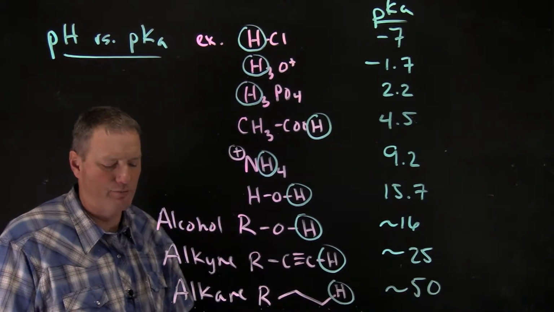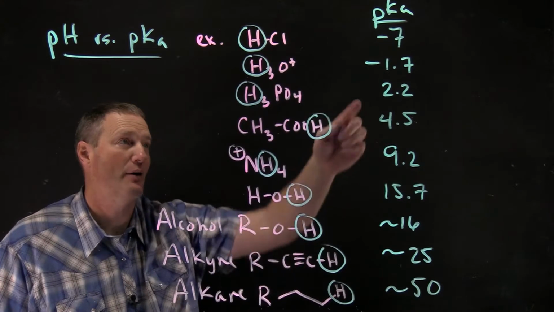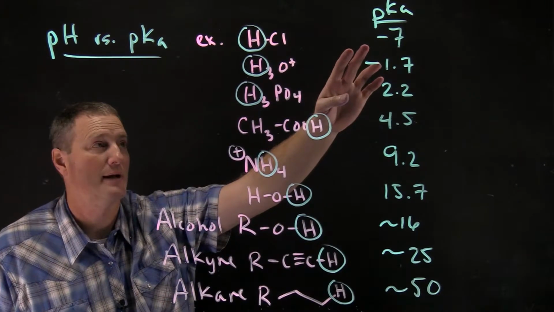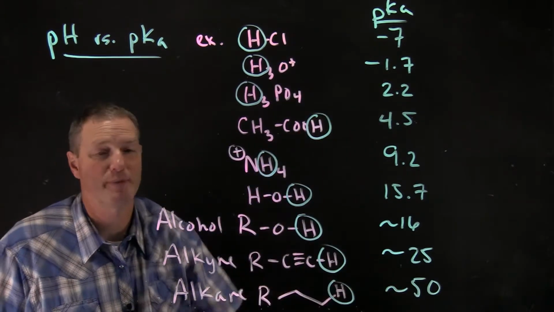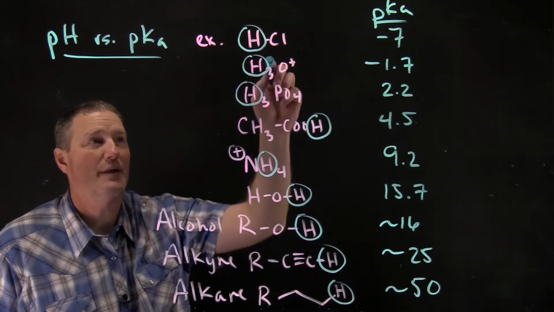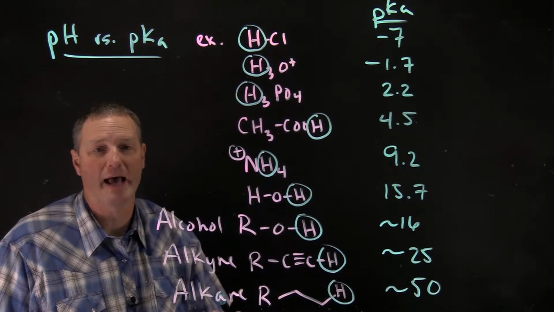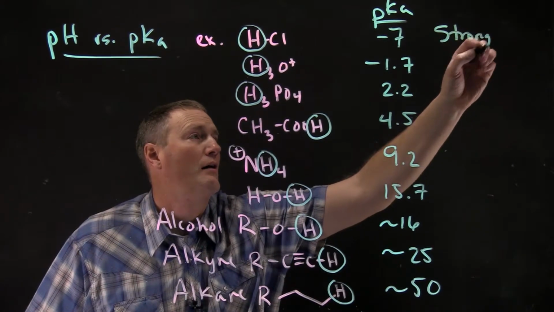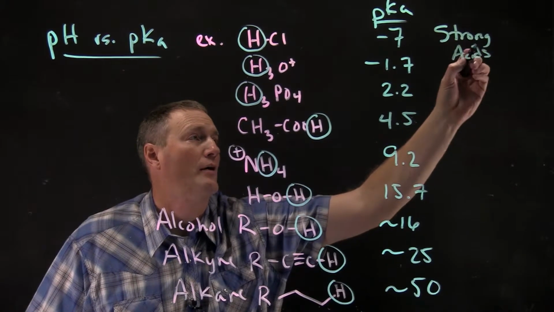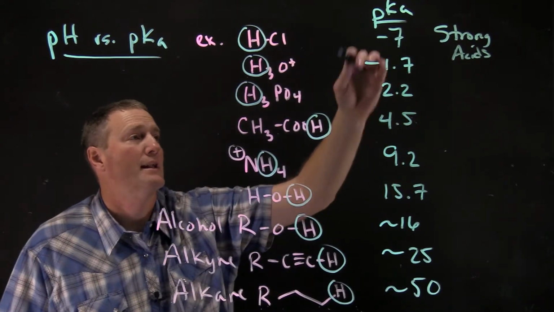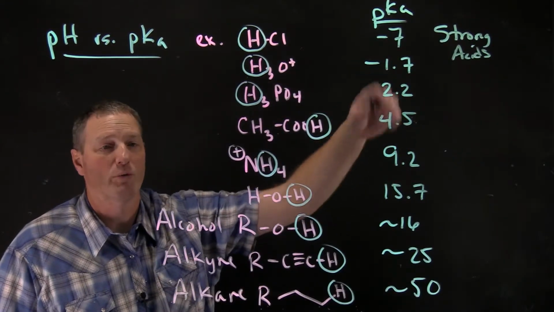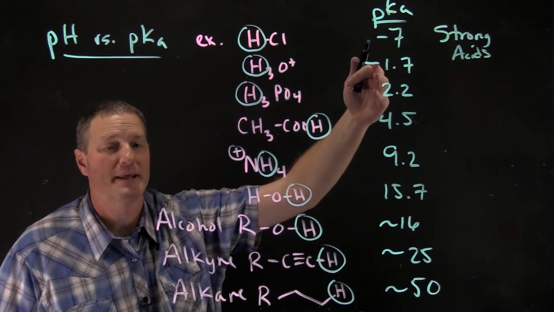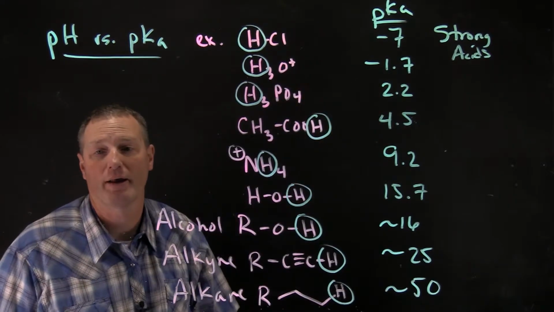So let's now look at this trend. I've been going from negative numbers up to fairly large positive numbers. We know that HCl and hydronium are strong acids. In general, the smaller the number, or more towards 0 or even negative for the pKa value, that would indicate a strong acid.